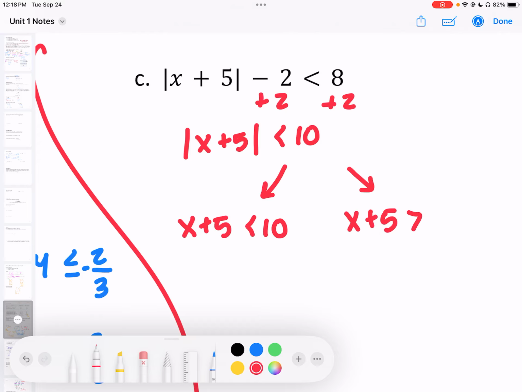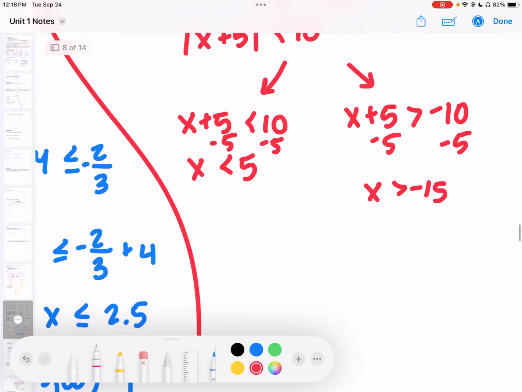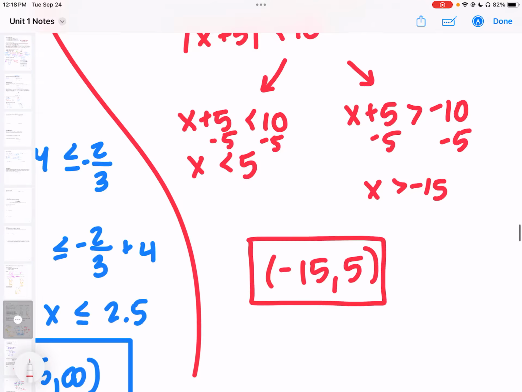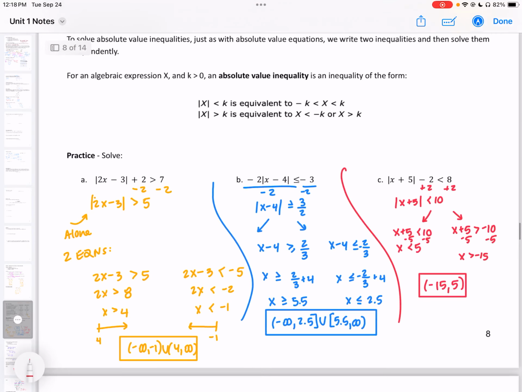The second one will flip the symbol and flip the sign, and we will subtract 5, subtract 5. So we're less than 5 and greater than -15. So -15 comma 5 in parentheses. That covers it for sections 2.6 and 2.7.